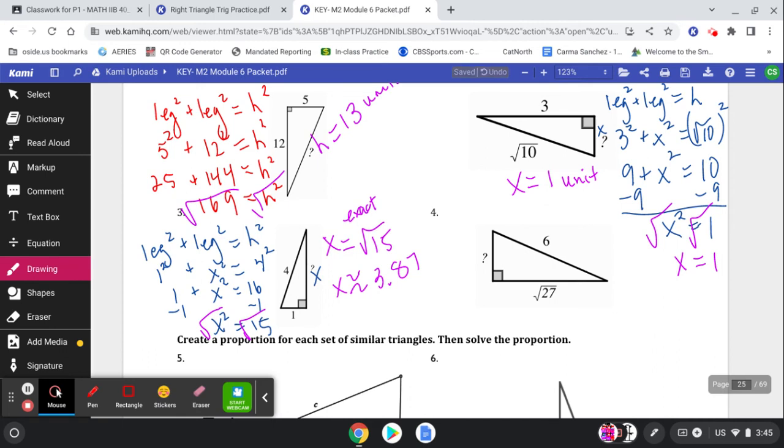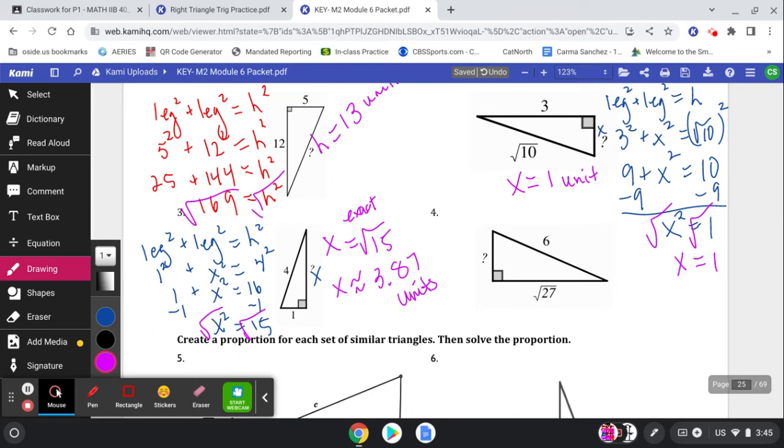So I wasn't given any other units, so I just say units. So exact answer, root 15, approximate answer, 3.87. We rounded, so we used the approximation symbol, and we say U for units, or just write the word units. And then for the exact answer, we use an equal sign because it's exact.